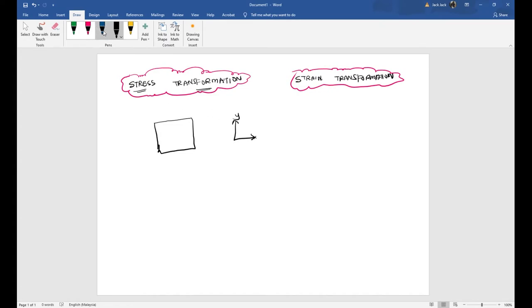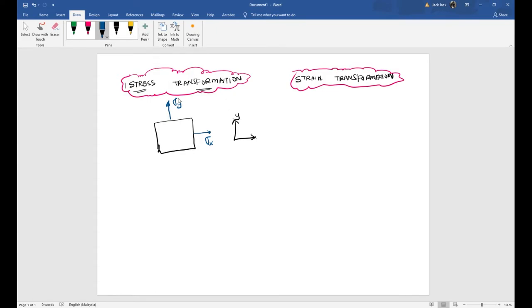On this single element, we will have two different normal stresses. The first one is normal stress sigma x, which is defined with respect to the x-axis. The second one is normal stress sigma y, which is defined with respect to the y-axis.